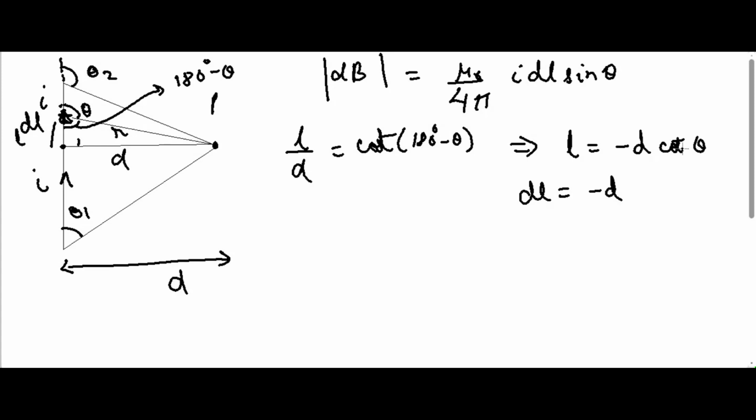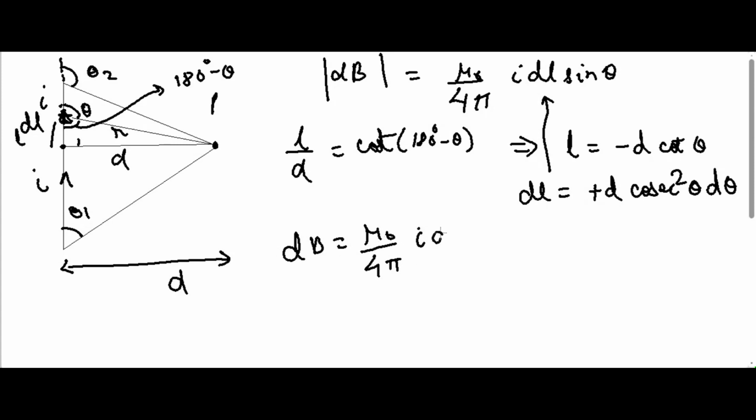The minus signs cancel out, and it becomes plus D cosec square theta d theta. I can substitute this value of dl into the equation. So dB will be equal to mu naught by 4 pi I into D into cosec square theta d theta.